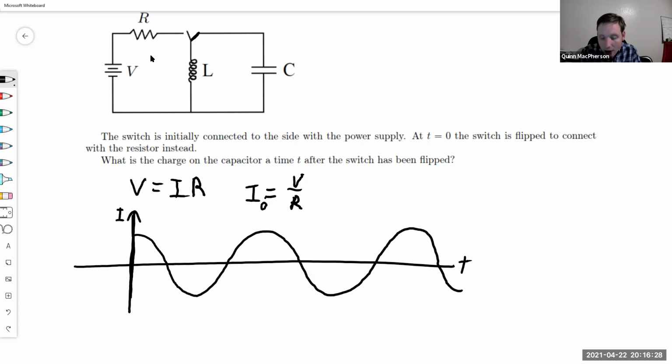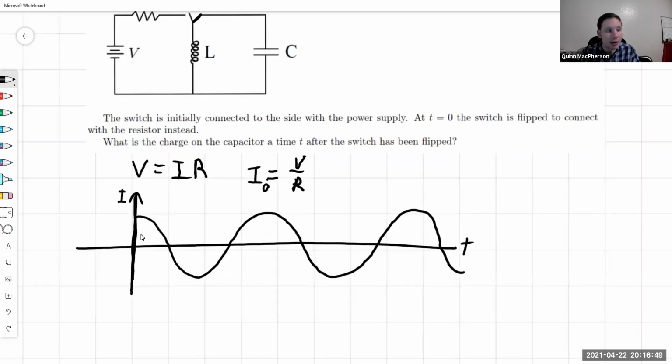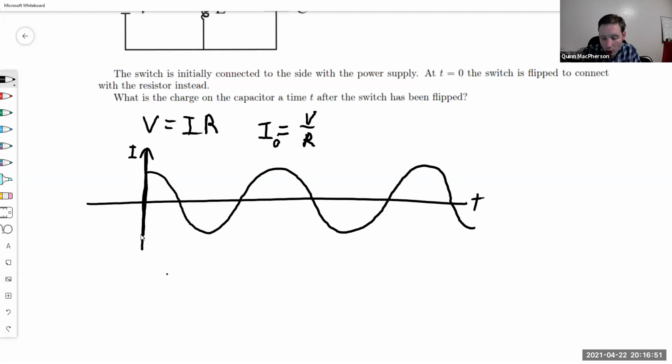This is I. If it started out with no current, and maybe all the charge started on the capacitor, it would start at this node. But as it happens, it's starting with all of the current, V over R. So this value here is V over R. It then decreases and then oscillates. So this happens to be a cosine rather than a sine. So our current is equal to V over R cosine of omega t.